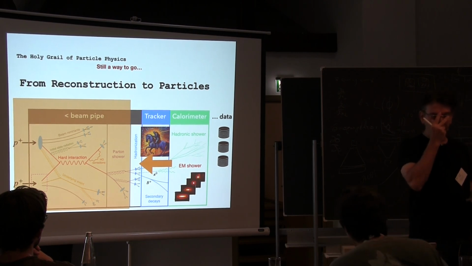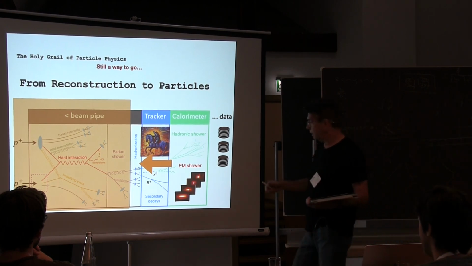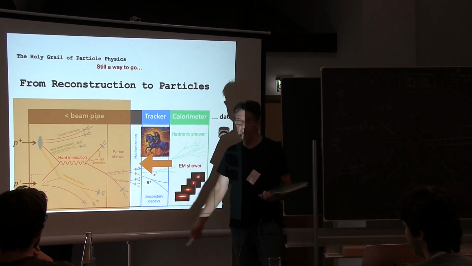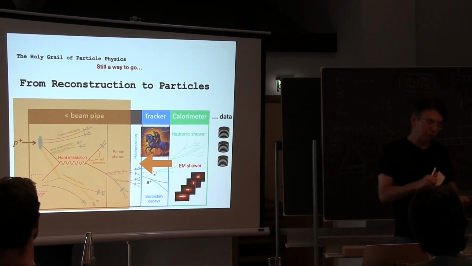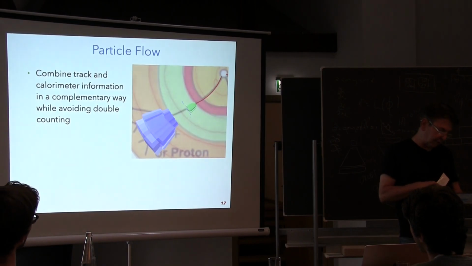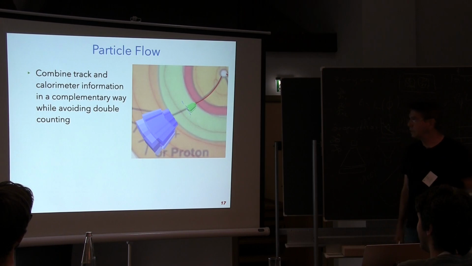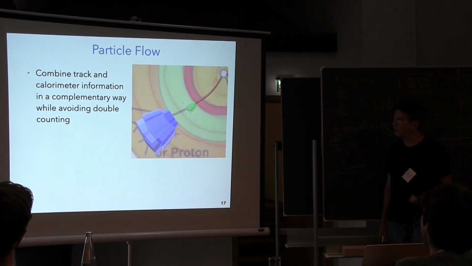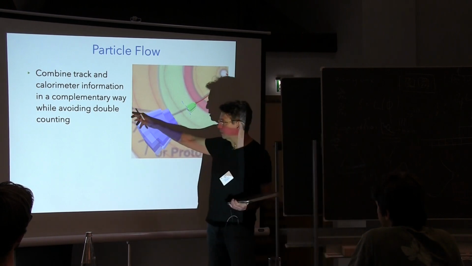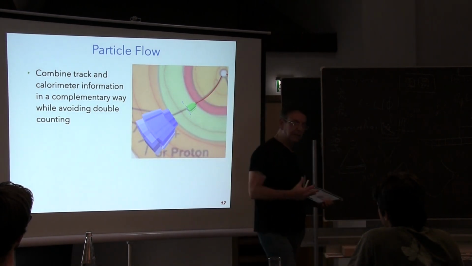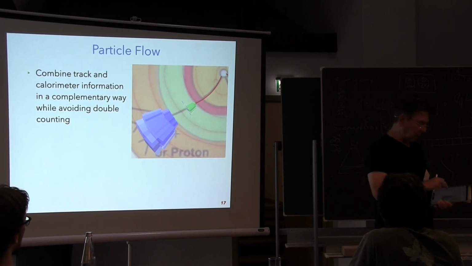How do we construct from the detector signals the final particles that knocked on the door of the detector? So particle flow is combining track and calorimeter information in some complementary way while avoiding double counting and telling which particles are happening there.